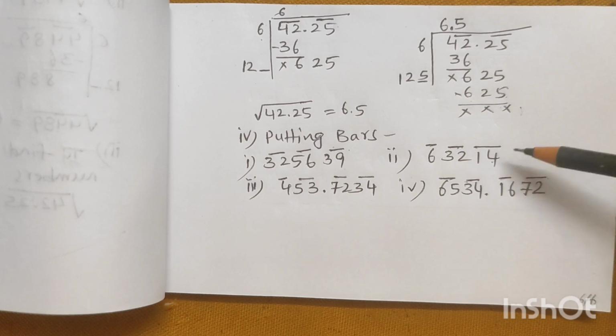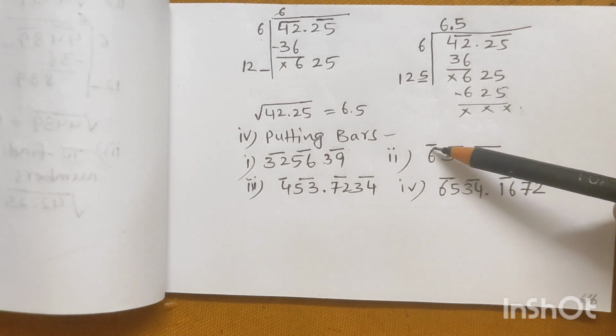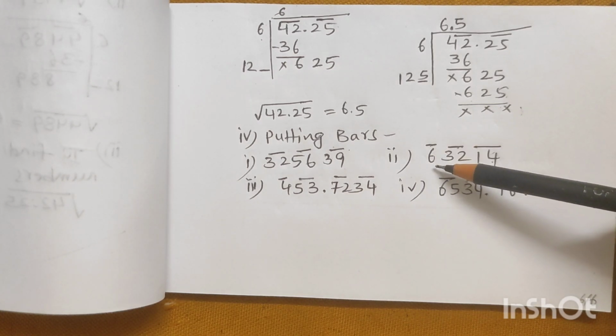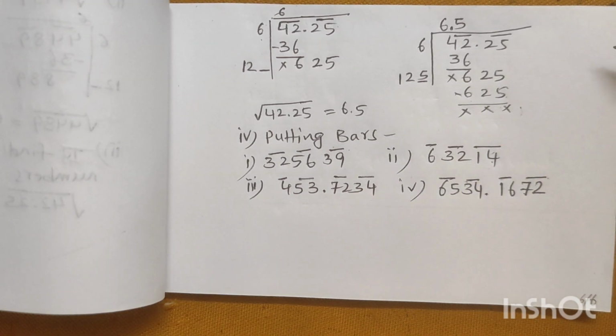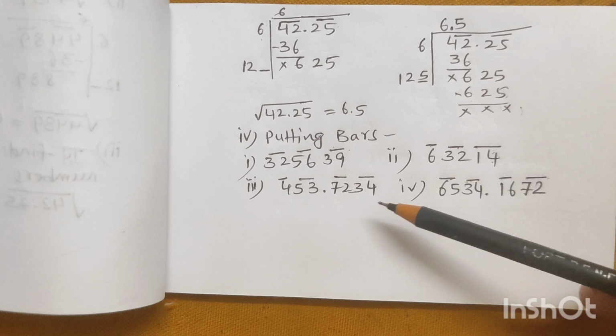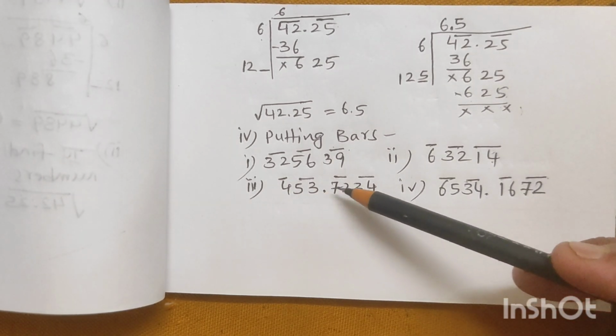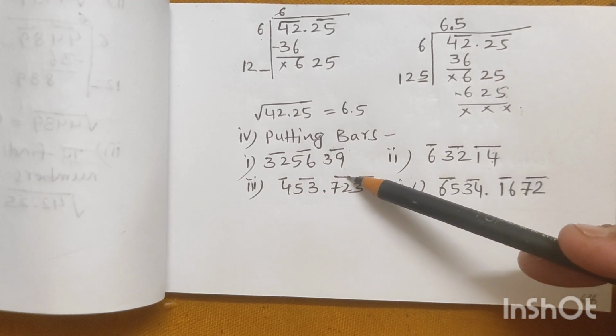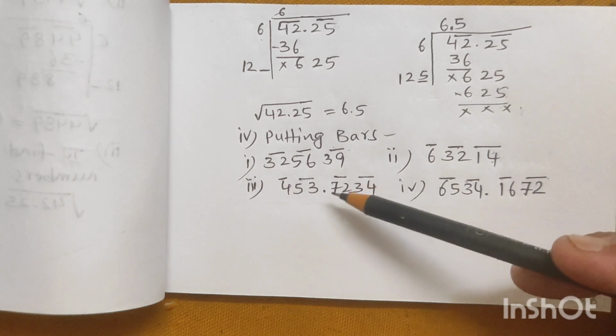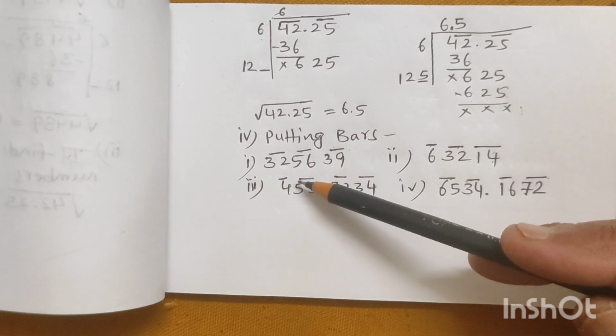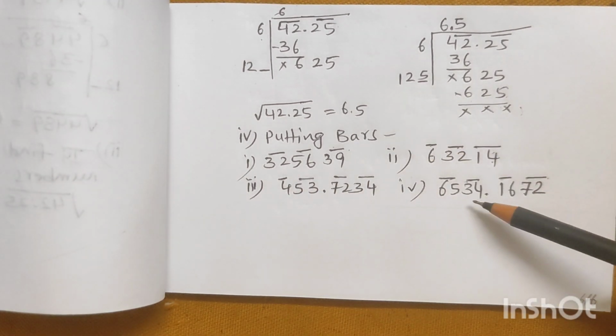This is a number with 5 digits, so we get 3 bars here, but the last bar is on 6 only. For decimal numbers, after decimal we start putting bars from this side, and before decimal we put this side.